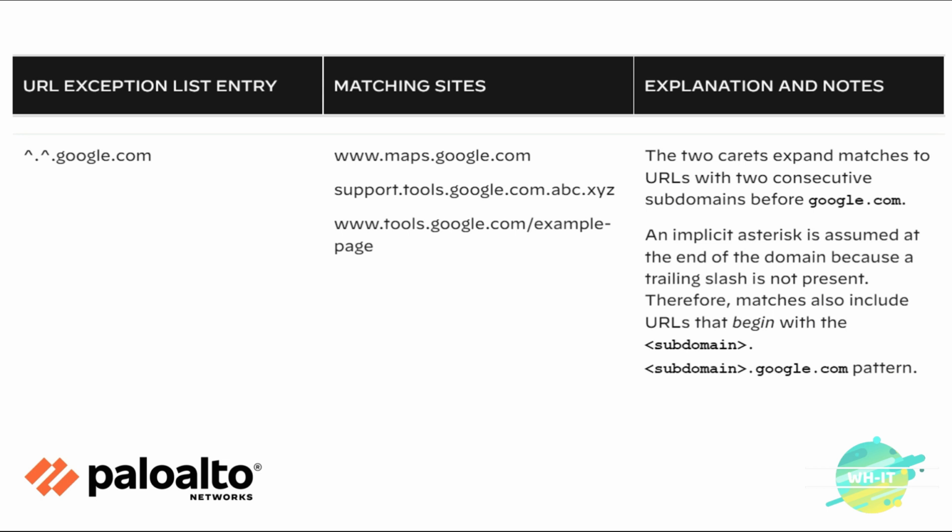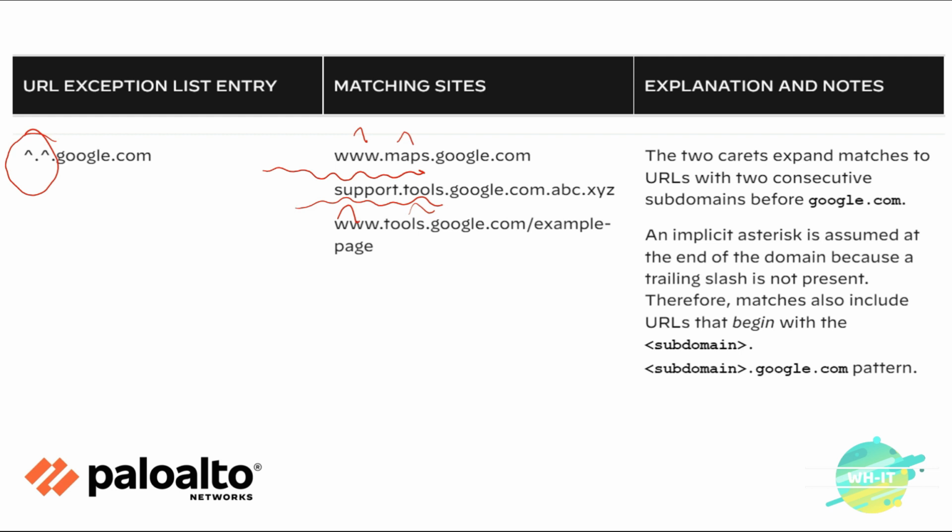Here we have two carets of subdomain. For example, you can allow only two subdomains. So it can be www.maps.com, so it's going to be one caret, then the second caret. Same like support.tools.google.com, the first caret and second caret.